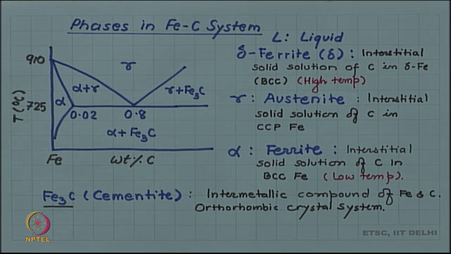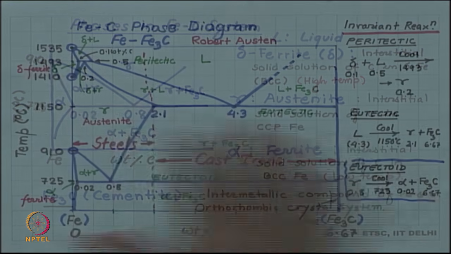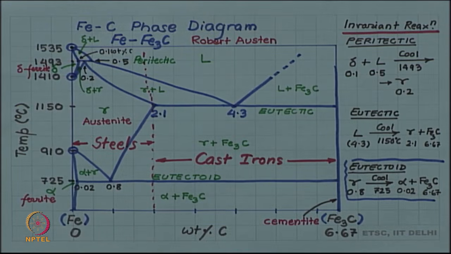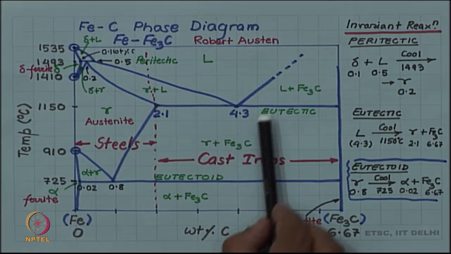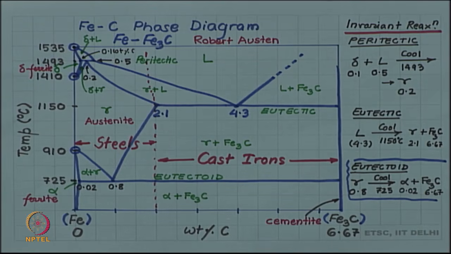So, we have looked at the phases, the invariant reactions, and the various phase boundaries and phase regions in the iron carbon phase diagram. So, looked at as a whole, the diagram may look complicated, but just remember that there are three invariant reactions: the peritectic reaction, the eutectic reaction, and the eutectoid reaction.